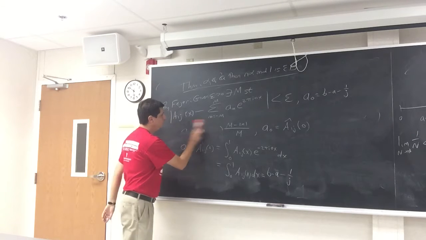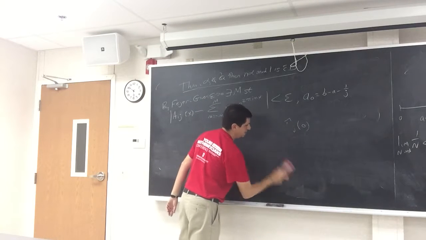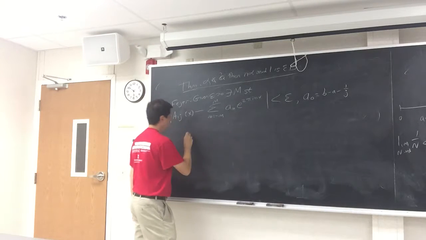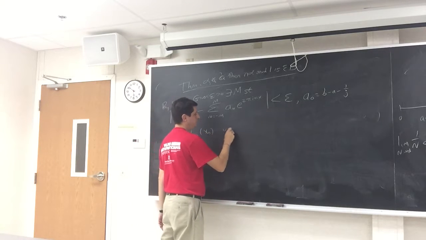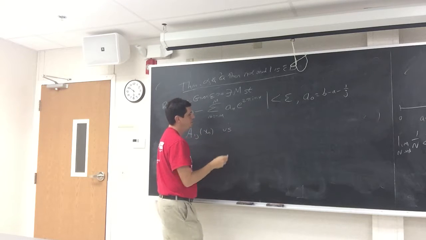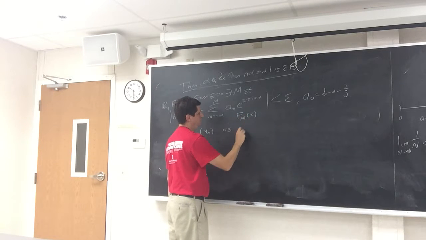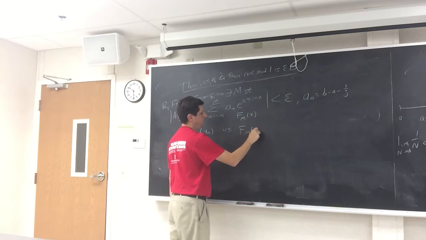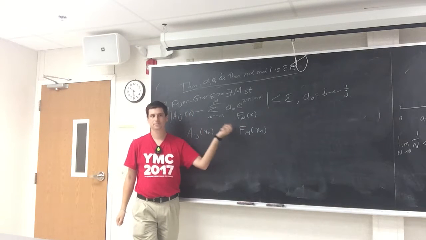So what I want to do now is I want to look at a1j of xn versus, we need a name for this function. We'll call it maybe f for Fourier, fm of x, versus fm of xn. How much could these two differ by?